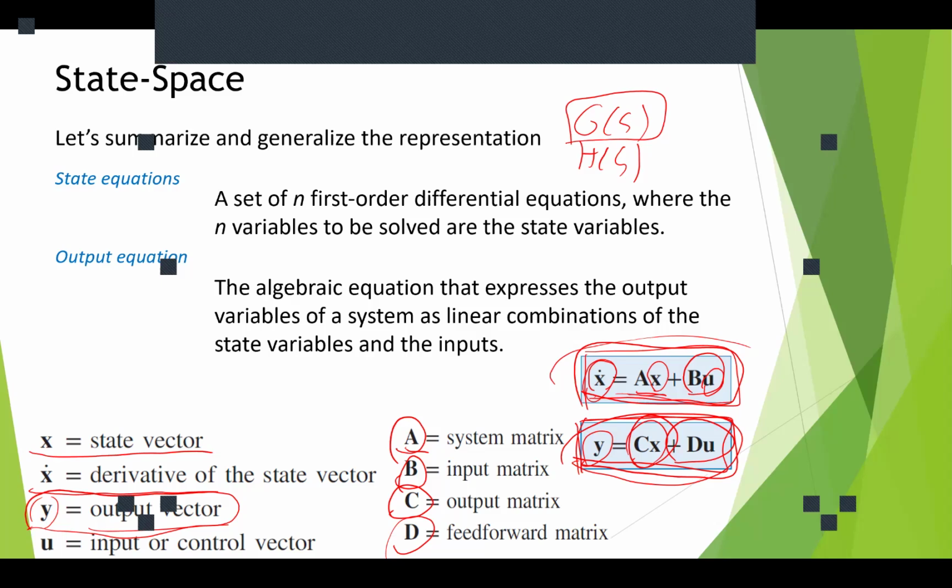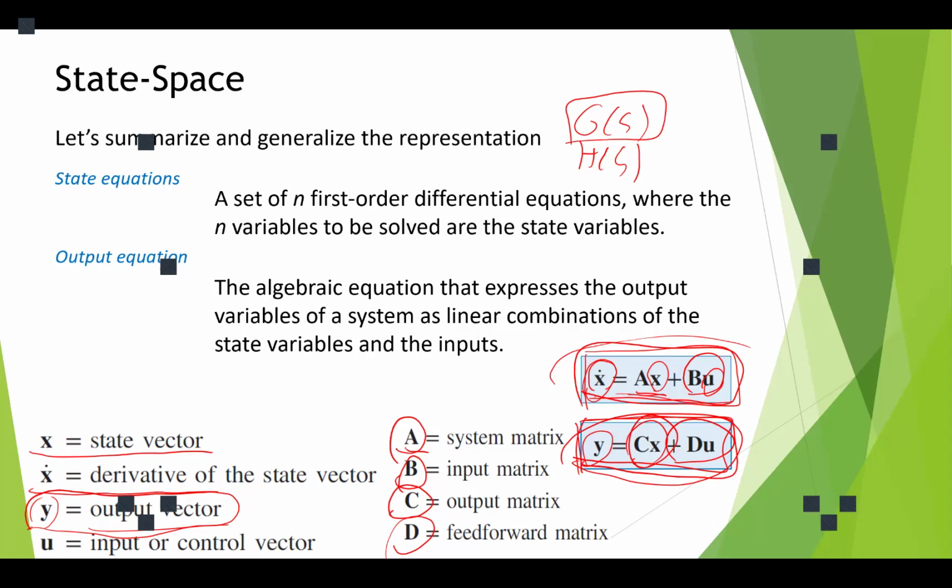This is the definition of a state space. So we have an nth order system. We define n linearly independent variables to change that nth order system to n first order equations.